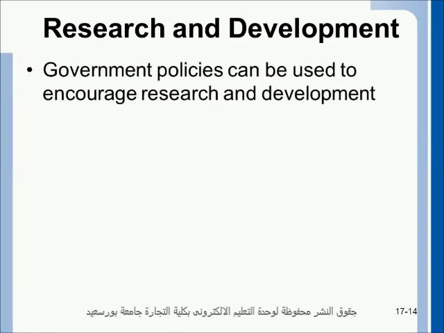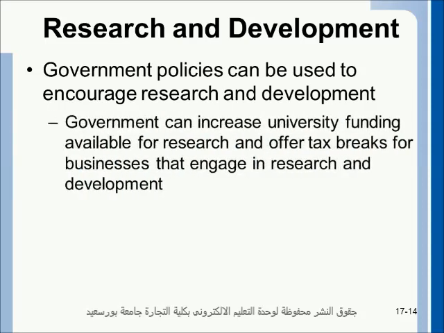Research and development, called R&D, is the source of new technology. Government policies can be used to encourage research and development. Government can increase university funding available for research and offer tax breaks for businesses that engage in or help with research and development.